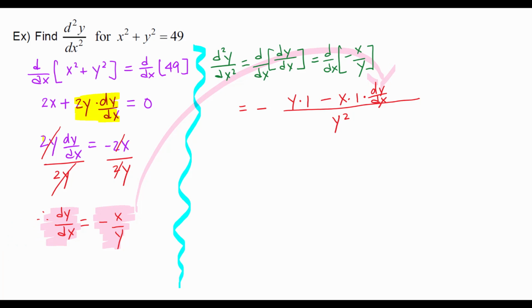Okay, so then this becomes negative, y minus x times negative x over y, all over y squared, which is equal to negative, y plus, now this is plus, x squared over y squared. And you never leave a complex fraction answer, so you need to simplify that. So you can just multiply top and bottom of this quotient by y, since y is the LCD.